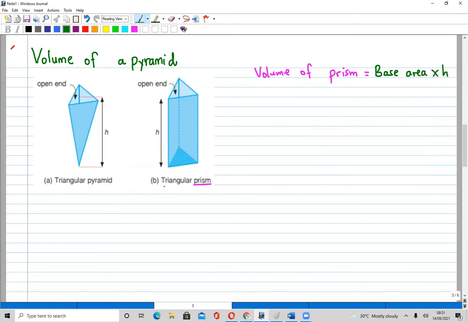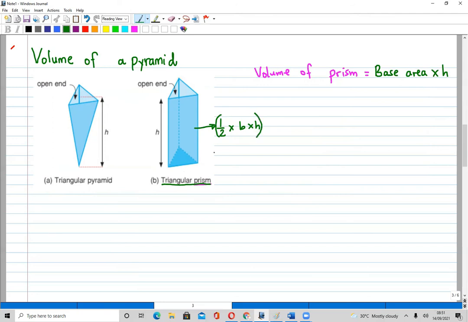For example, this is a triangular prism. So this being a triangular prism, it means that its volume will be the area of the base, which is a triangle. So it is a half times base times height.